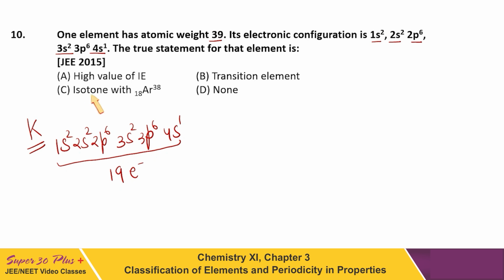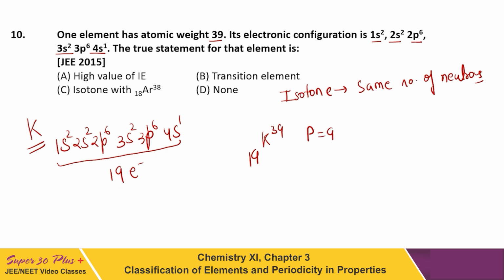Is it an isotone with argon-38? Students, what is an isotone? You tell me. Isotones are those which have the same number of neutrons. Now we are talking about potassium-39, in which protons are 19 and protons plus neutrons are 39. So there will be 20 neutrons in this.